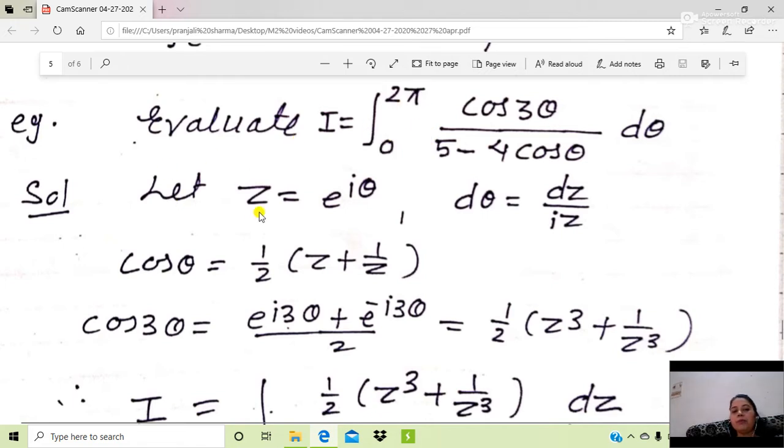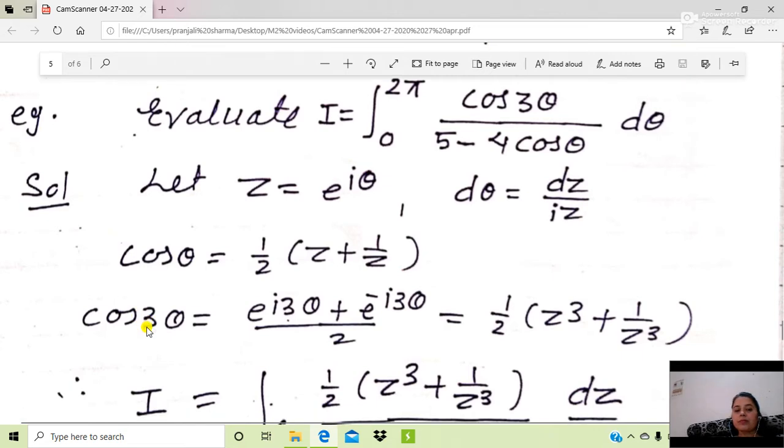So, we can suppose that z is equal to e to the power i theta. Then z inverse will be e to the power minus i theta, and d theta can be changed as dz upon iz, and cos theta can be replaced as half of z plus z inverse, that is half of z plus 1 by z.